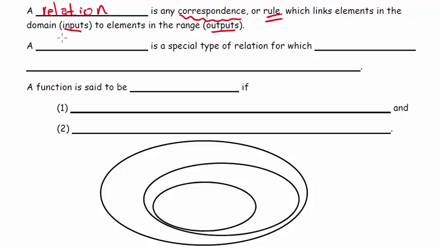Now, a function is a subset of a relation, but it's a special relation for which each input has only one output.